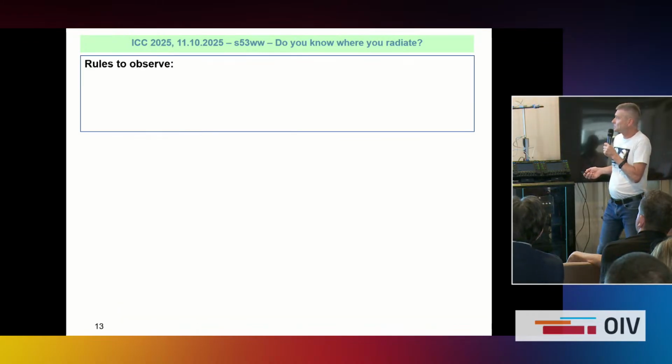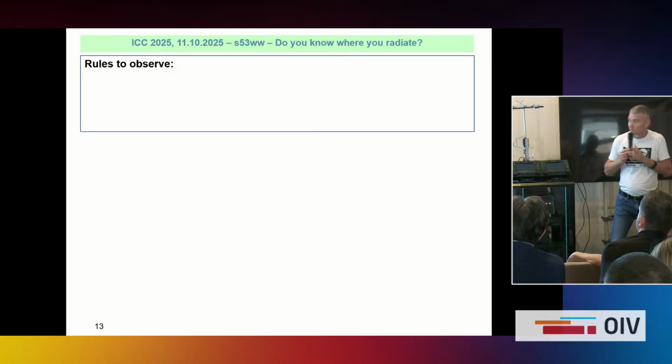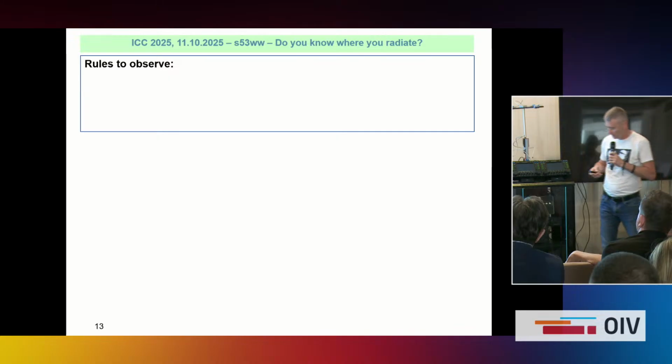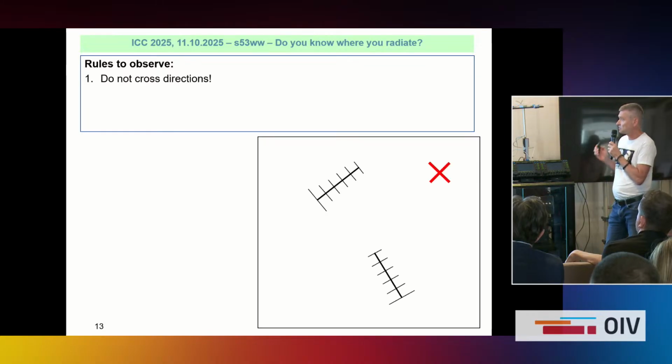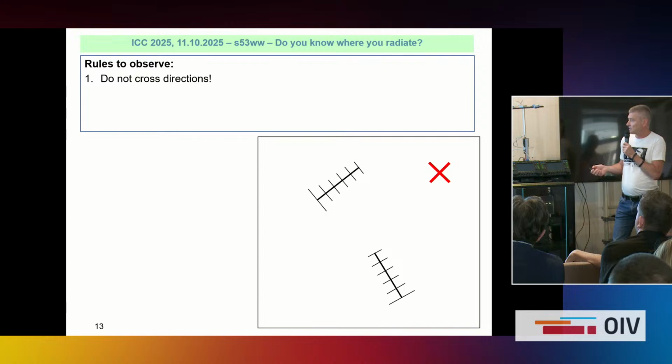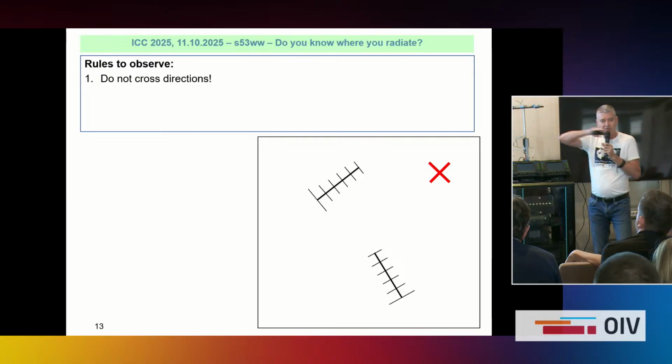Okay, so what are the general rules to observe? I summarize these rules. First rule, which I haven't talked about yet, do not cross directions. It means never put antennas, whatever kind of antennas you have, that would cross the direction if they are at approximately the same height above the ground. This will hurt not only your transmit pattern, but also receive gain.